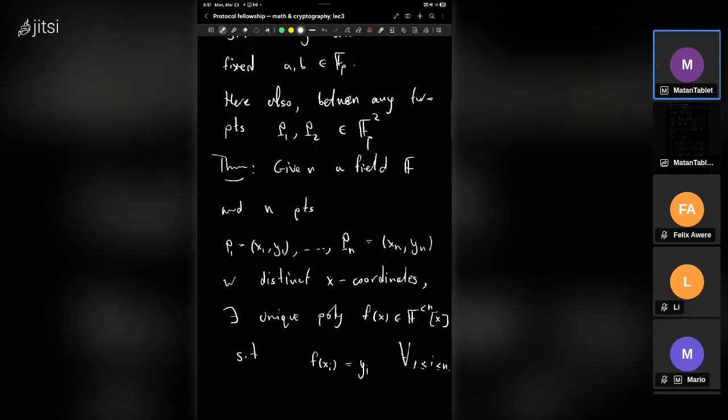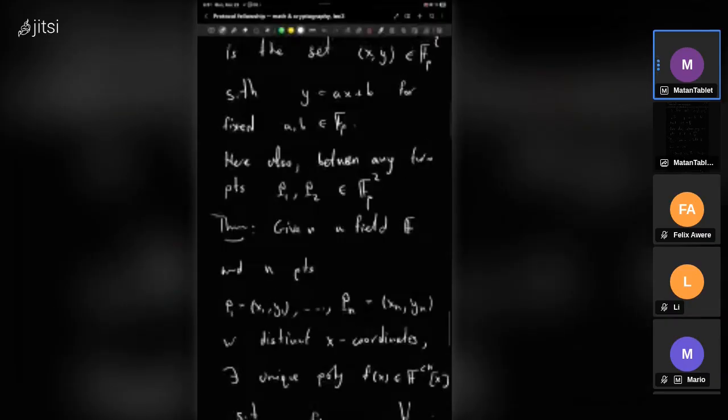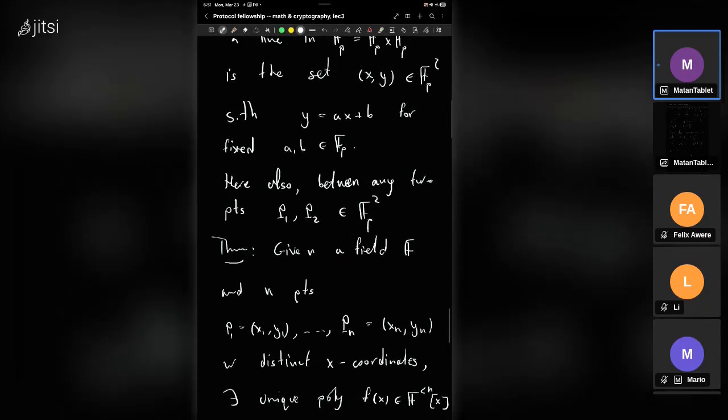And you can treat this theorem as exactly the generalization of the fact that between 2 points, also over Fp, there exists exactly one polynomial of degree 1. If you have n points, there exists a unique polynomial of degree less than n that passes through these points.